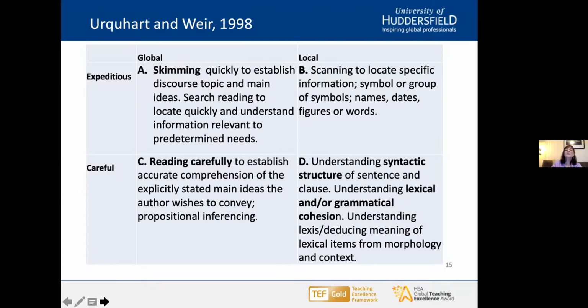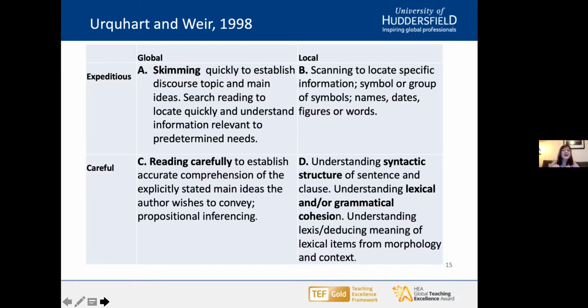So later on, in Khalifa and Weir, we have a more umbrella term that covers all expeditious reading skills, which is called search reading. Expeditious reading includes skimming, scanning, and search reading, the skill we used for the third task, when we do not have any clues to look for, when we cannot really match the question with the text easily.